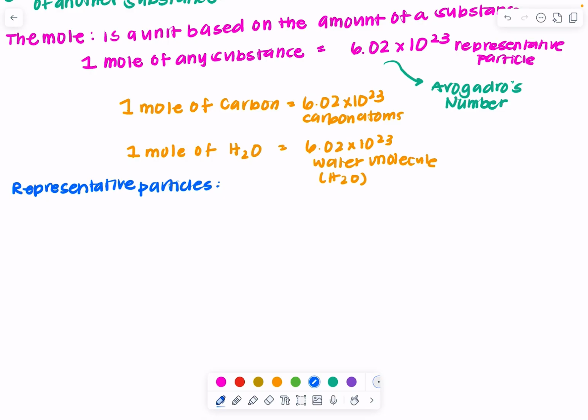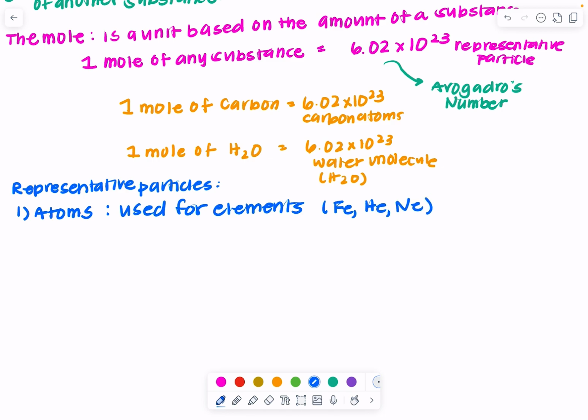There's actually a lot of representative particles, but I'm going to go through all of them. First one is atoms. These are used for elements, like iron, helium, neon. Second one is a molecule or a compound.